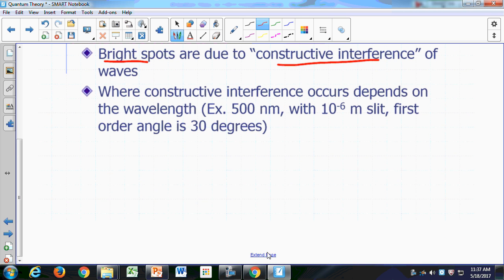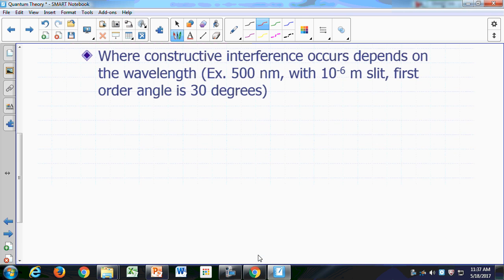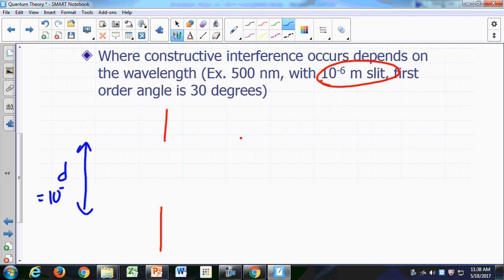For example, let's imagine you have a slit with a width d of 10 to the negative 6 meters.